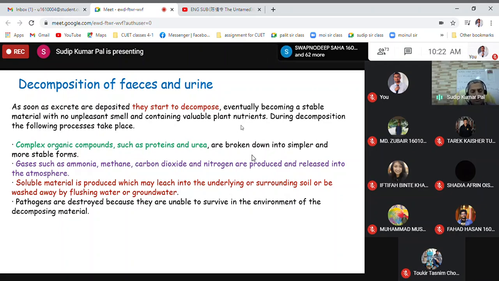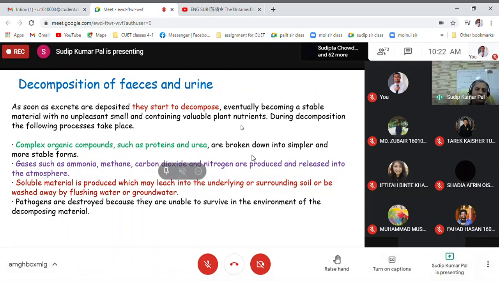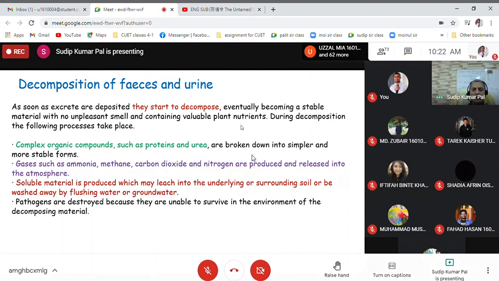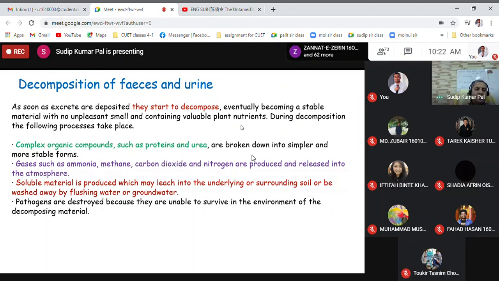Why do we say excreta is disease causing? Because a lot of pathogens are present, and these pathogens are carriers of diseases. These pathogens, commonly fecal coliform, various forms of coliform, helminths, viruses, etc., are destroyed because they are unable to survive in the environment of the decomposing matter.